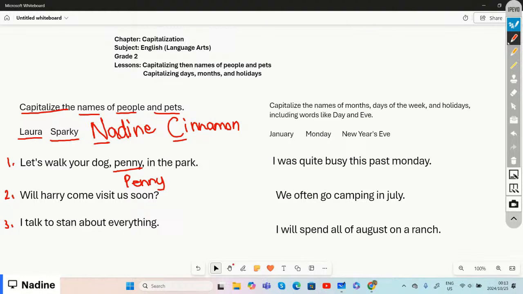So we will say, will Harry, and I'm going to underline Harry, that needs to be capitalized, come visit us soon. If we were to correct that word, then we will write it capital letter H for Harry, because the name of a person needs to be capitalized.